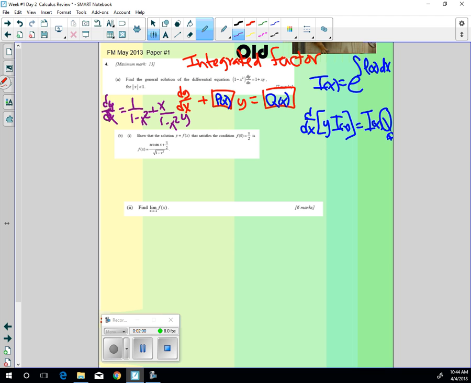Let's reroute this a little bit. And you're going to get dy/dx minus x over 1 minus x squared times y is equal to 1 over 1 minus x squared.